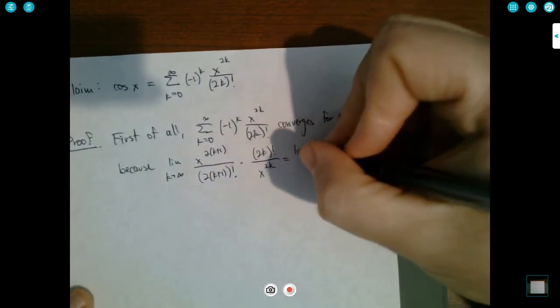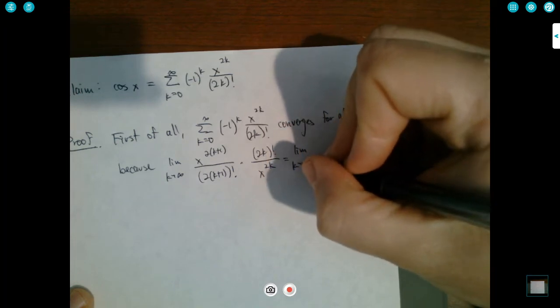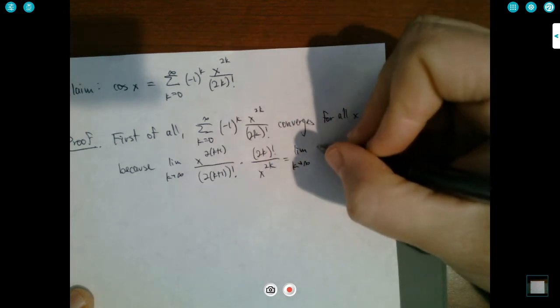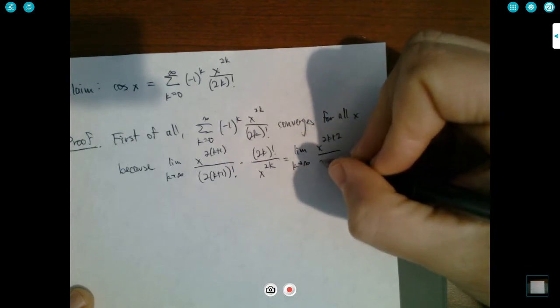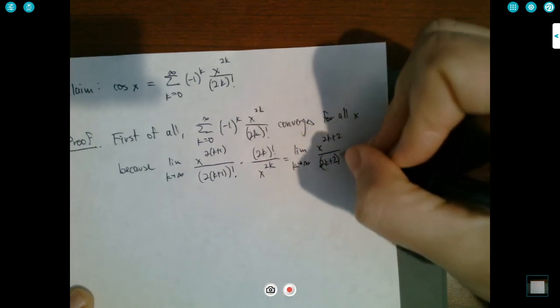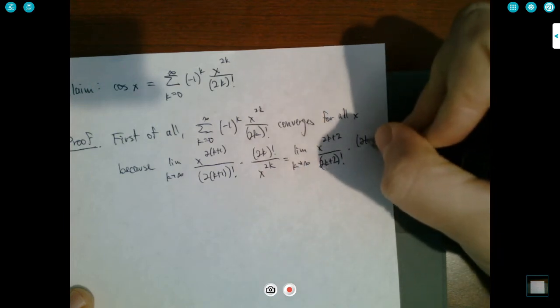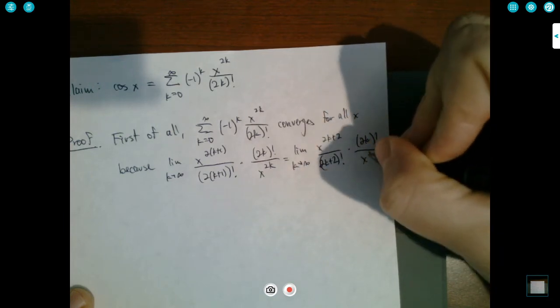And that's the limit as k approaches infinity of x to the 2k plus 2 over 2k plus 2 factorial times 2k factorial over x to the 2k.